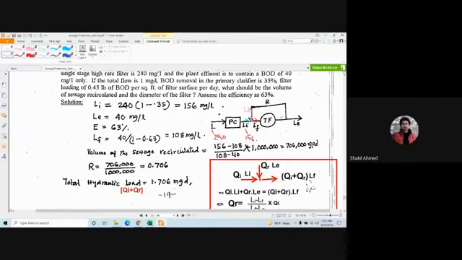So after treatment in the trickling filter, you get Le. This is Le. There's nothing mixing up, so all will be Le, and then again Le.